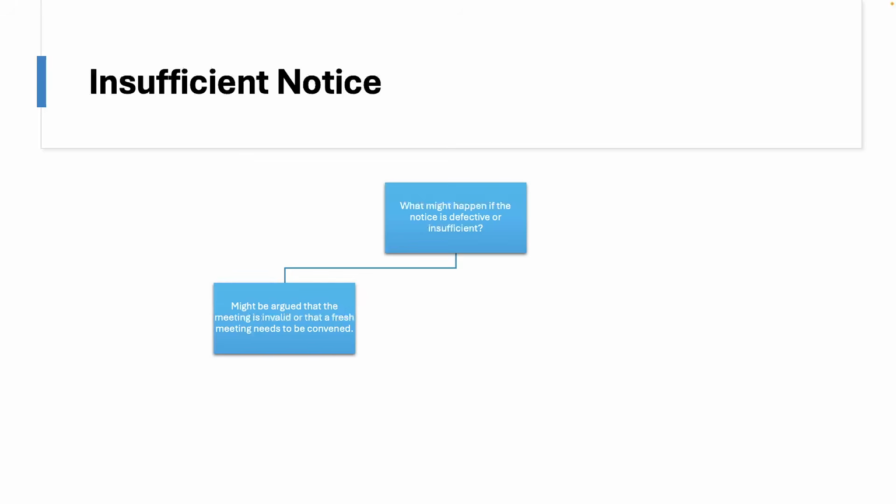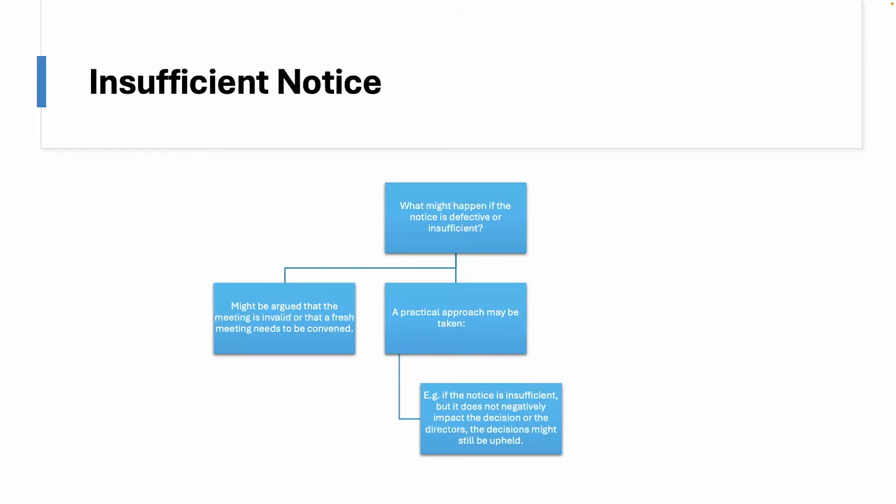So, for example, older authorities suggest that a director not given proper notice may demand that another meeting be called within a reasonable time, and so that provides you with some kind of insight into what could happen in that circumstance. Alternatively, a more practical approach can sometimes be taken, and the courts sometimes do take those kinds of approaches. Let's say, for example, if notice is insufficient, but it does not negatively impact the decision of the directors or the directors themselves.